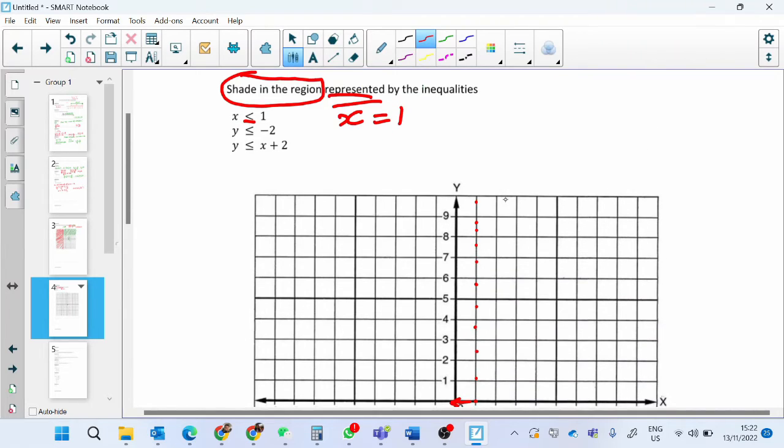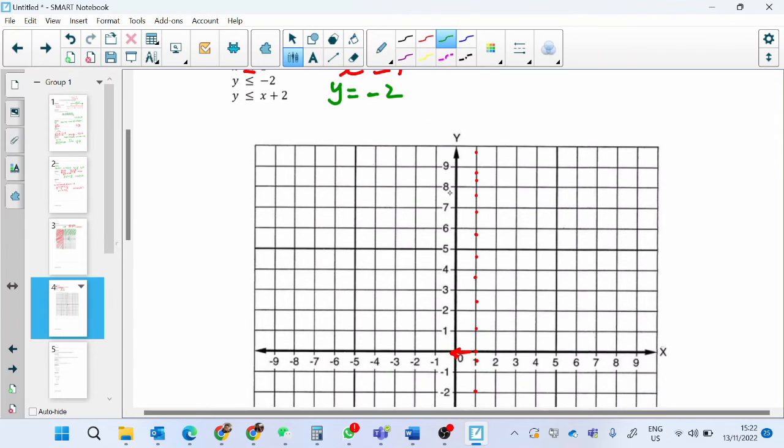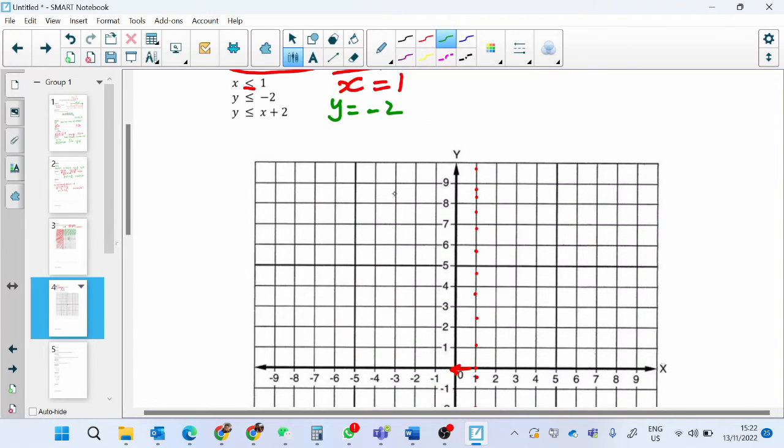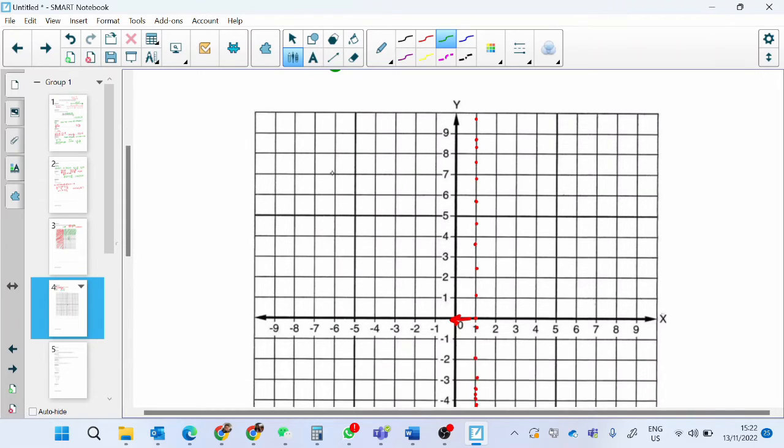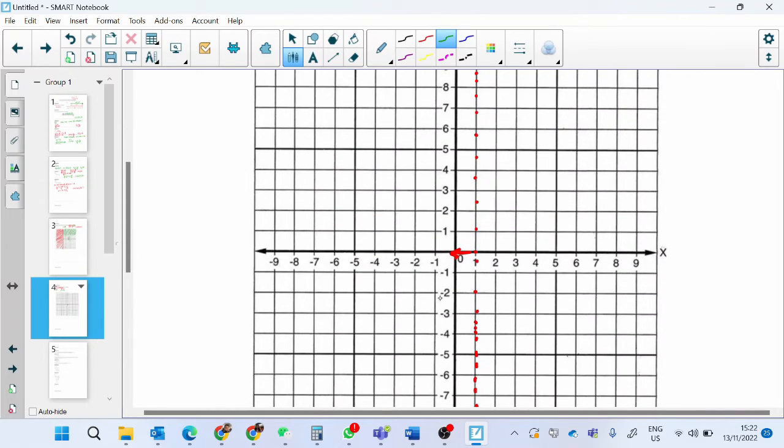And then the next inequality says y is smaller than or equal to negative 2. So first I write y is equal to negative 2, and the line should be solid because it's inclusive, and negative 2 is here.